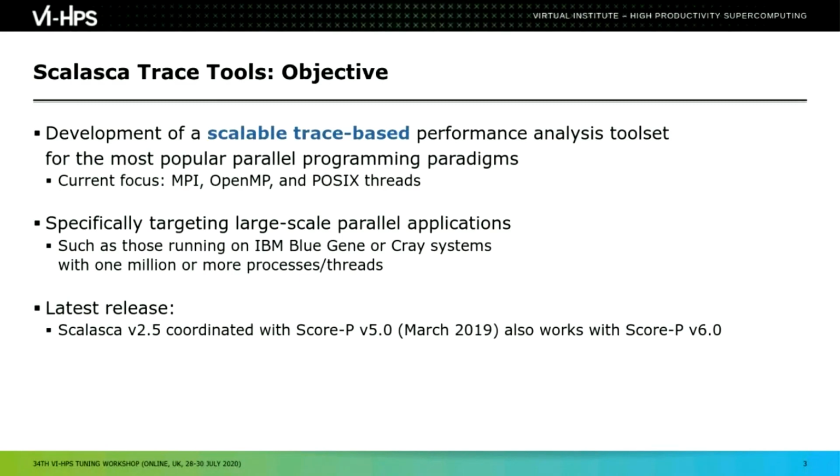So that scalability was built in from the start and has allowed us to do trace analysis of very large traces of terabytes in size in some cases on these very large parallel systems.